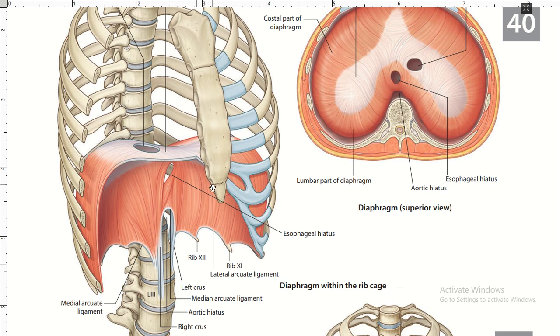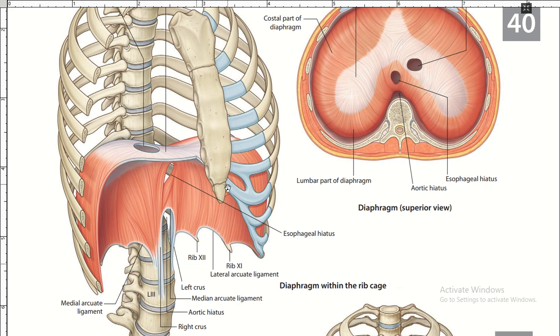So let's start anteriorly. Posterior to the xiphoid process, you're going to have an origin of the diaphragm.